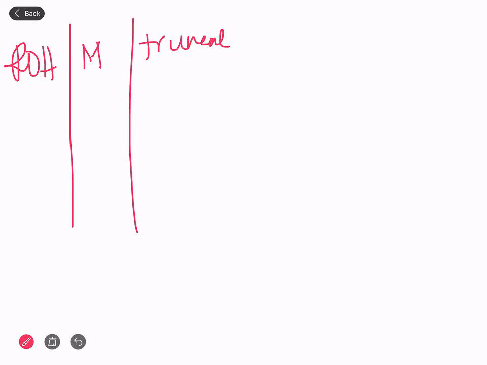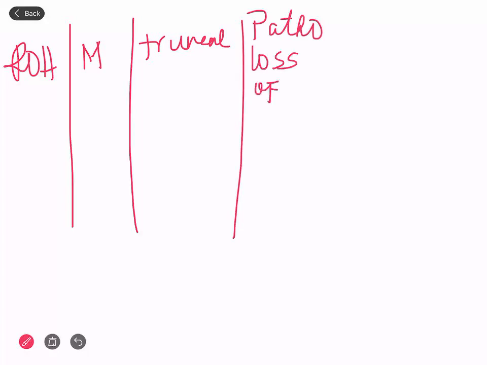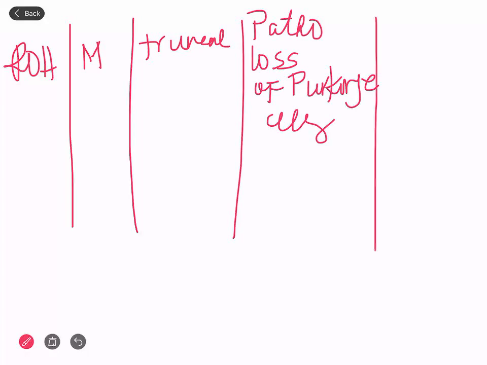And then for the pathology, of course, chronic alcoholism. This alcohol can actually cause loss of Purkinje cells. So remember the Purkinje cells in the cerebellum. And then for the diagnostics, MRI.